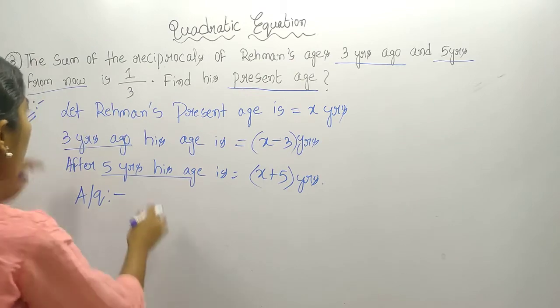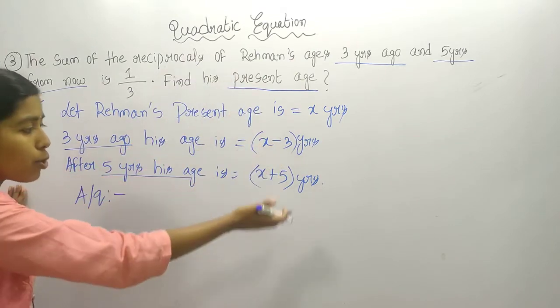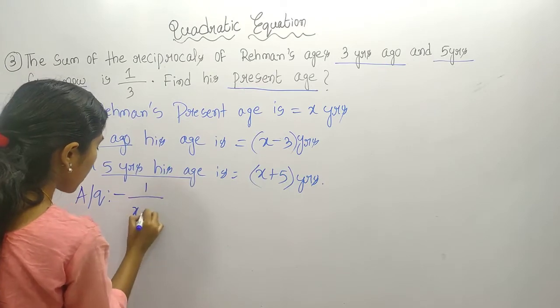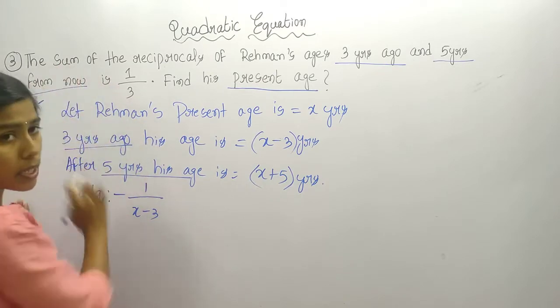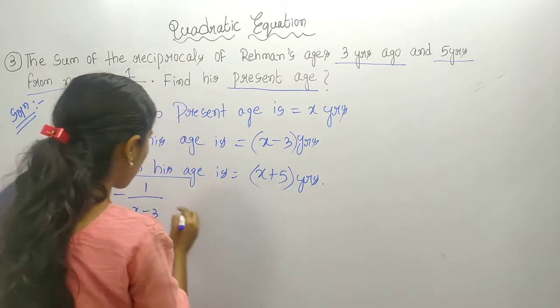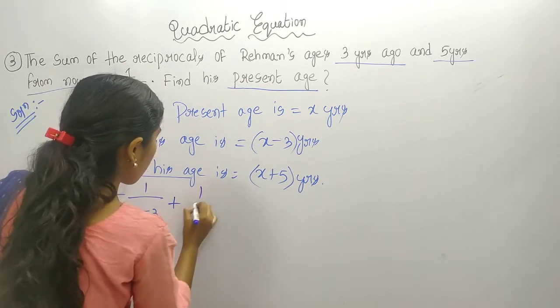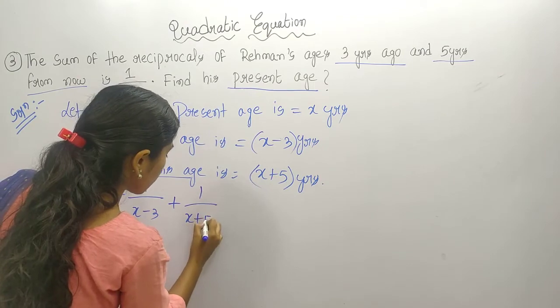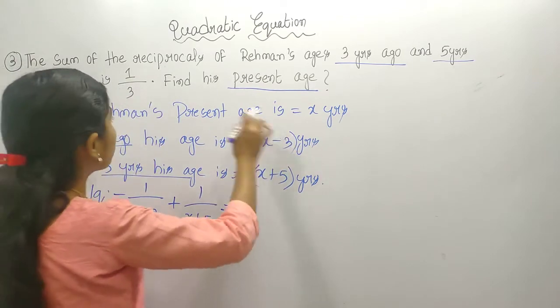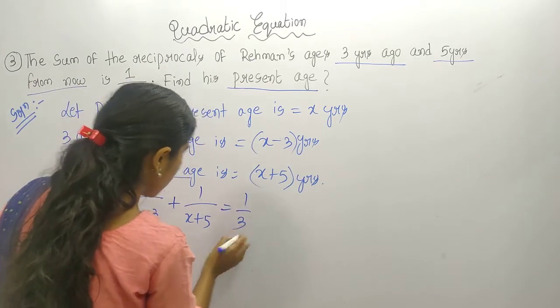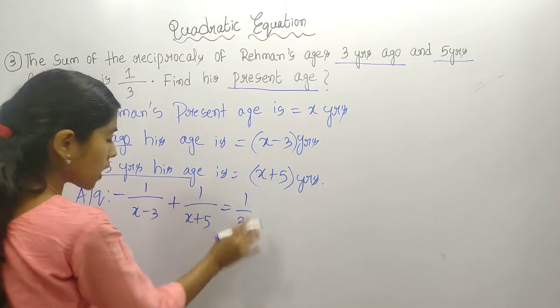So we have to take the reciprocal of those ages. So x minus 3 reciprocal will be 1 by x minus 3. Sum is given. Sum means what? Addition means plus. Again x plus 5 reciprocal is 1 by x plus 5. So what will it come? Equal to 1 by 3. So we have to solve this equation.